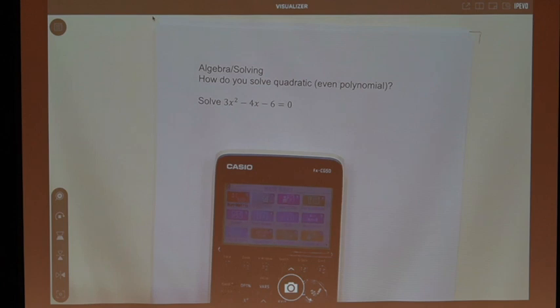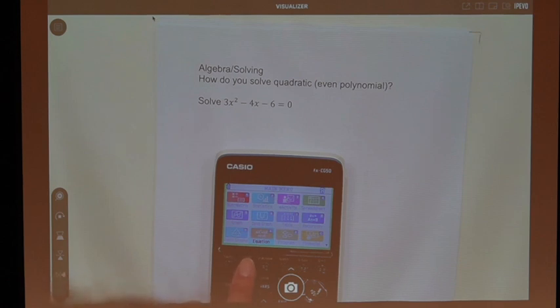So we could actually solve this with graphing and finding the root. We can do that mentally, or you can use equation. So introducing the function of equation here.